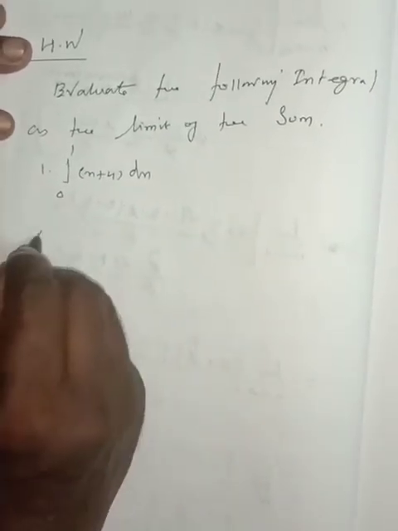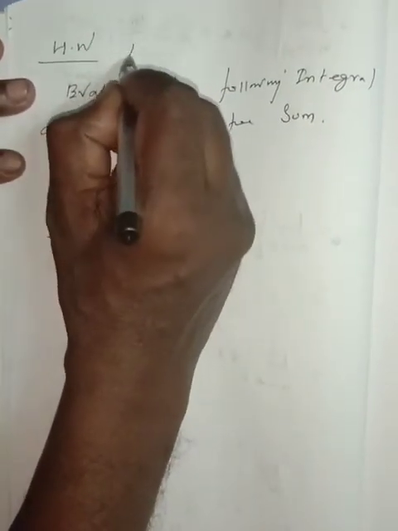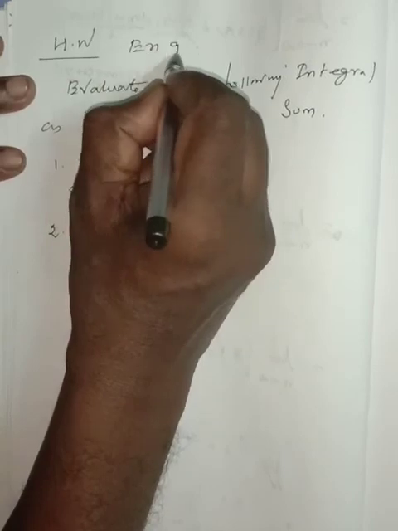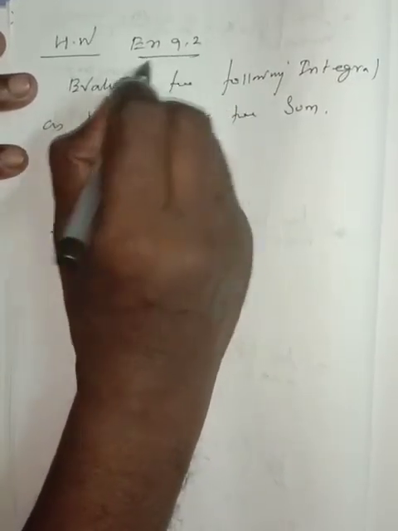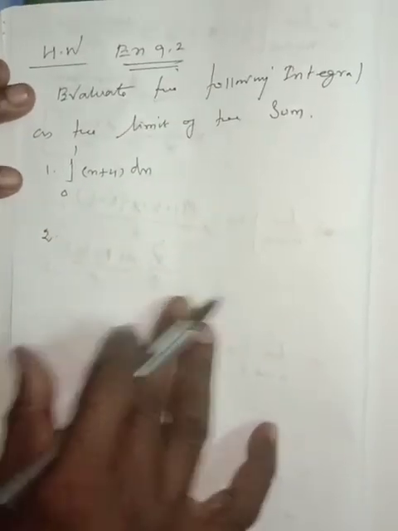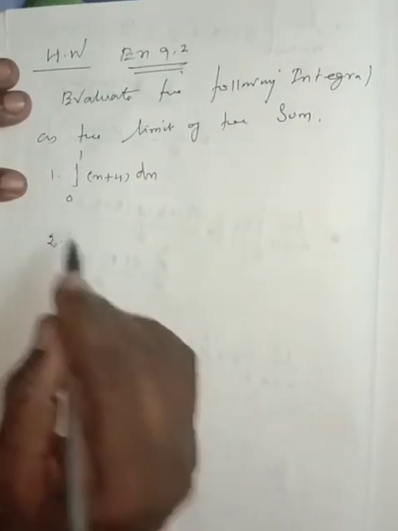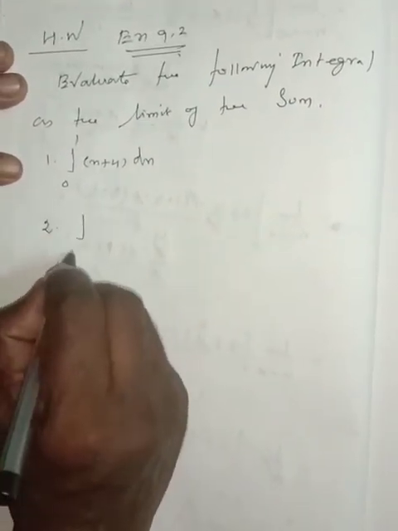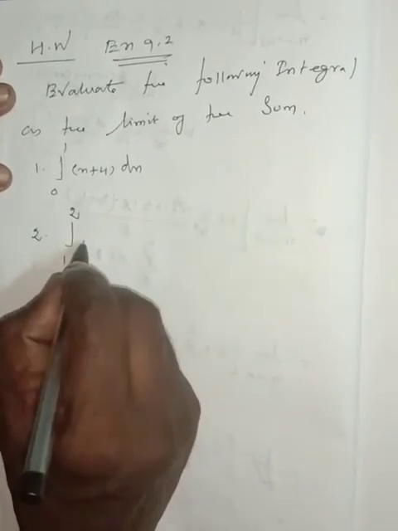Next, number 2, using exercise number 9.2. Exercise 9.1 is not necessary. The exercise problems are very, very important. Sum number 2, integral 1 to 2 of x dx.